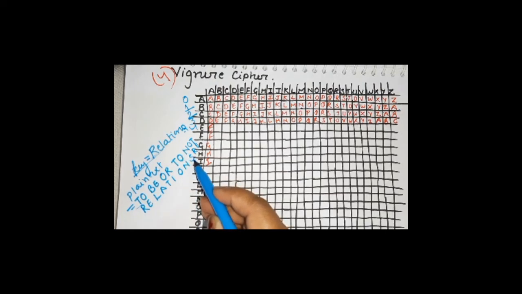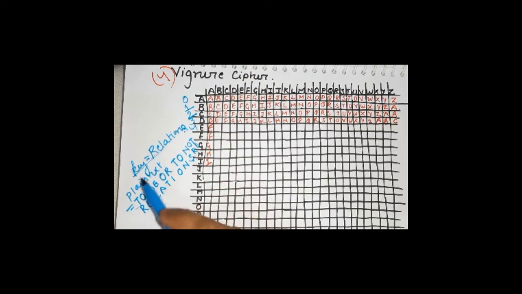So I finished the keyword relations till N, and I have two more letters, and beneath them I'm going to repeat the letters from the keyword, R and E. This is how you write down the plain text and the keyword. This is your keyword.